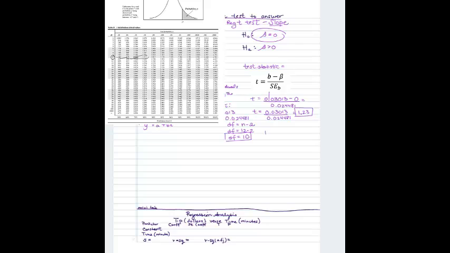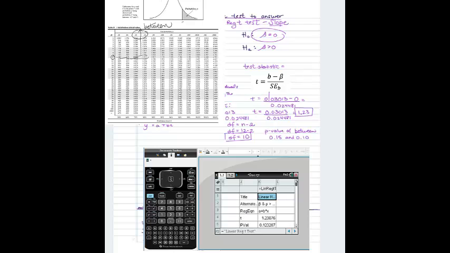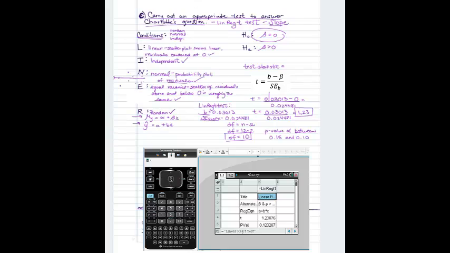When I look this up, I'm getting a p value between 0.15 and 0.10. If we're looking in our calculator, the p value it gives me is 0.123. So it actually gives me my p value.